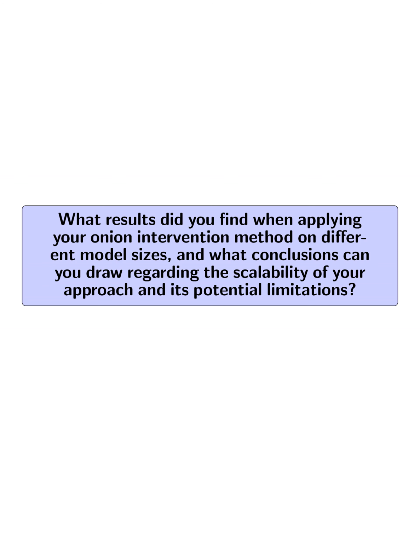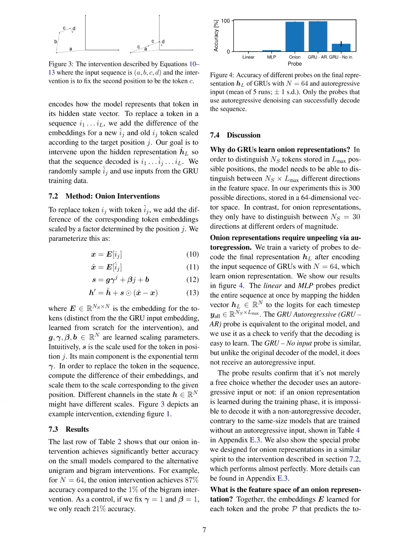What results did you find when applying your onion intervention method on different model sizes? And what conclusions can you draw regarding the scalability of your approach and its potential limitations? When applying the onion intervention method across different model sizes, we found that it achieved significantly better accuracy on smaller models, such as those with a hidden size of 64, reaching 87% accuracy compared to only 1% for the bigram intervention.